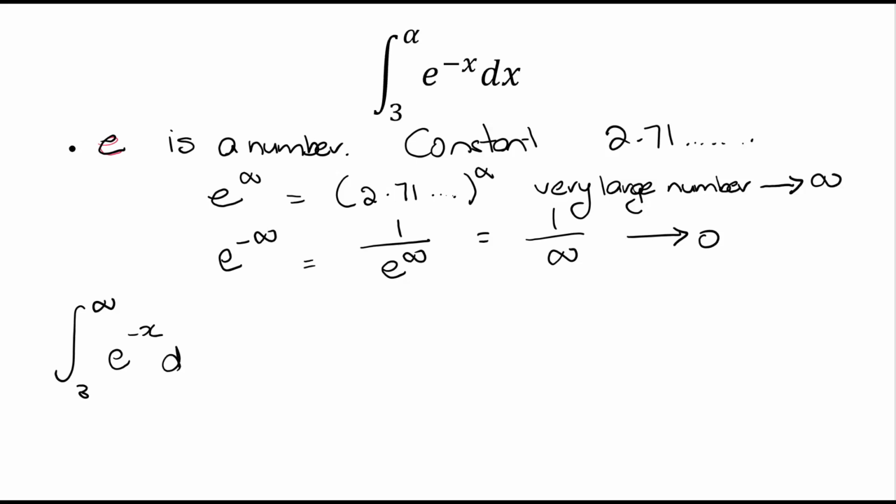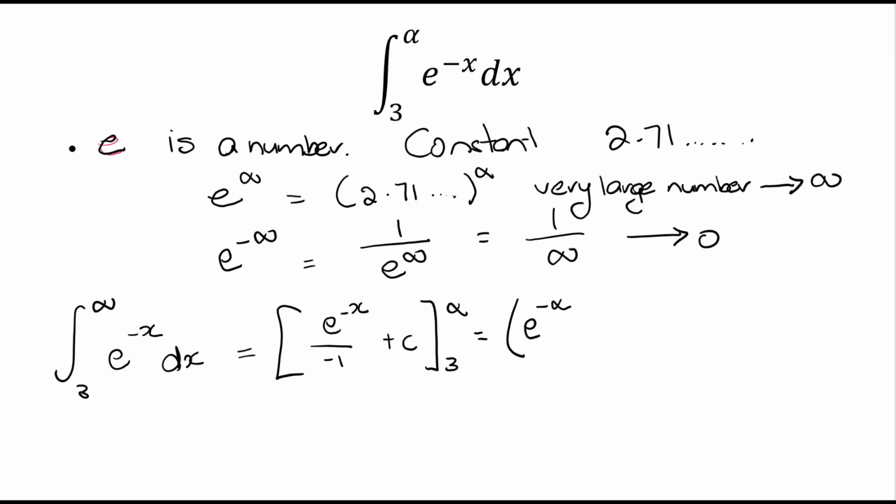So then if we do the integration, the integral between 0 and 3 of e to the negative x dx is equal to e to the negative x over negative 1 plus c, which is then e to the negative infinity, but it's negative, plus c, minus negative e to the 3 plus c, which is negative e to the negative infinity plus c plus e to the 3, minus c.